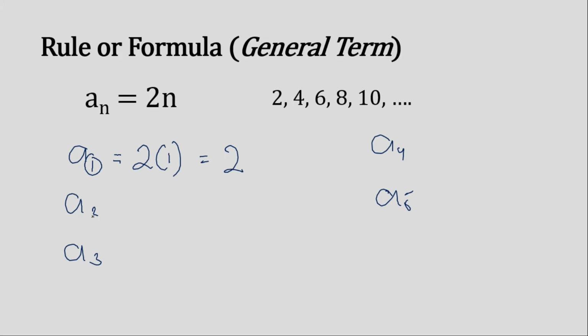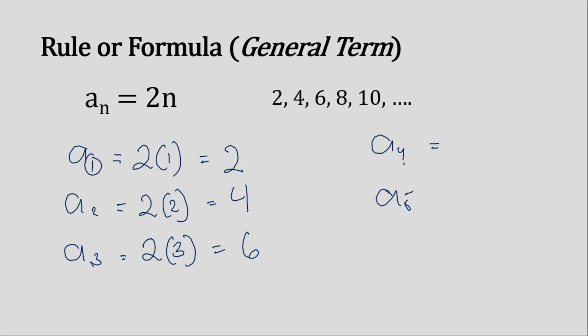Now on the second term, the value of n is 2. So a sub 2 is equal to 2 multiplied by 2, and that is 4. On the third term, since 3 is the value of n, we substitute 3 for n. So that is 2 multiplied by 3, which equals 6.